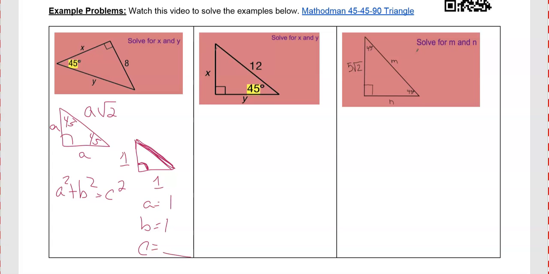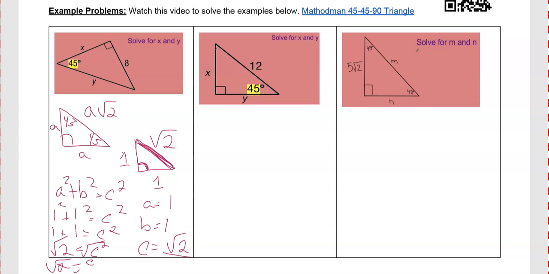So we have 1 squared plus 1 squared equals c squared. Well, 1 squared is 1. 1 squared again is 1. And c squared is still c squared. 1 plus 1 is 2 equals c squared. And if you take the square root of both of those, c equals the square root of 2. So that is why the square root of 2 is your hypotenuse in an isosceles right triangle.